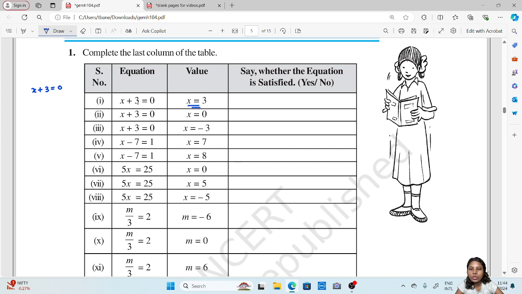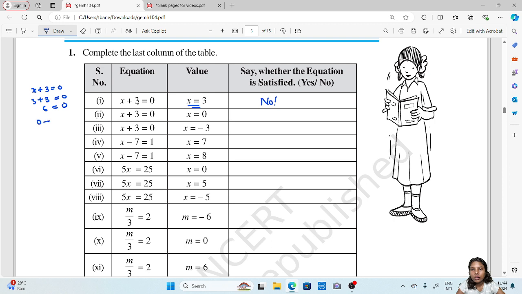Now x value is 3 here. So 3 plus 3 equals 0. Now 3 plus 3 is what? 6 equals 0. Now are the LHS and the RHS the same? No. So in that case we are going to say that the equation is not satisfied. So no.